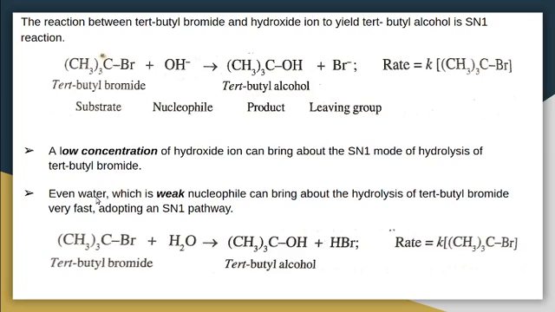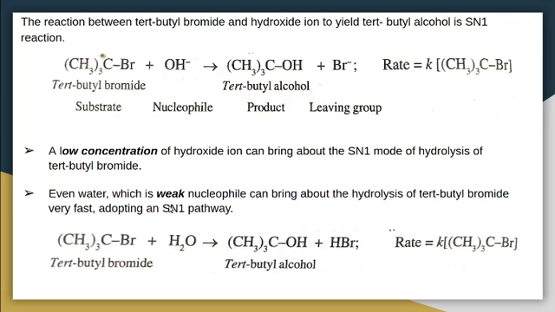Even water can do it, which is a weak nucleophile compared to OH minus. Nucleophilicity depends on charge. Here OH minus has a negative charge, so electron density is a factor for nucleophilicity. So OH minus is a strong nucleophile compared to H2O.